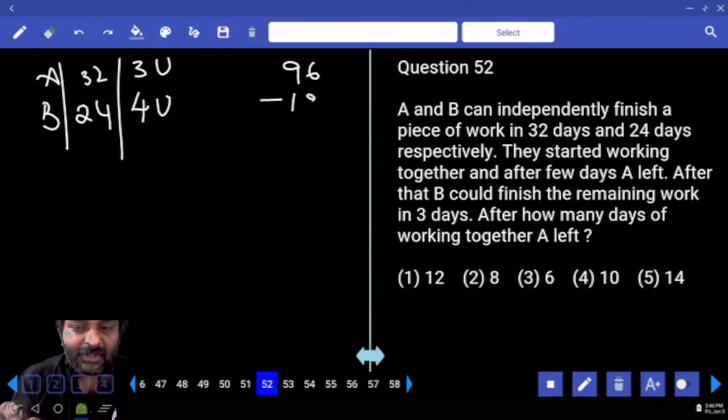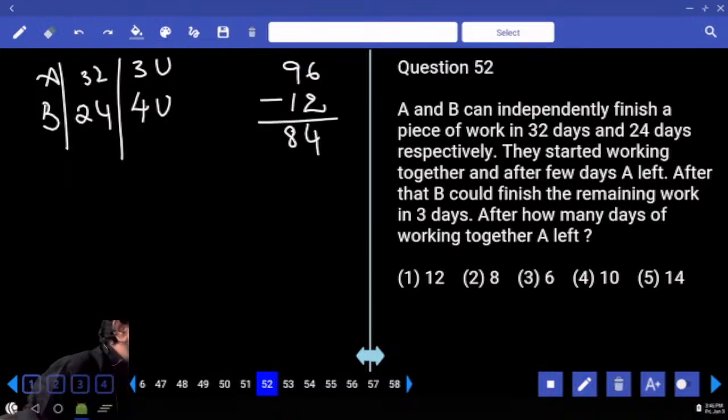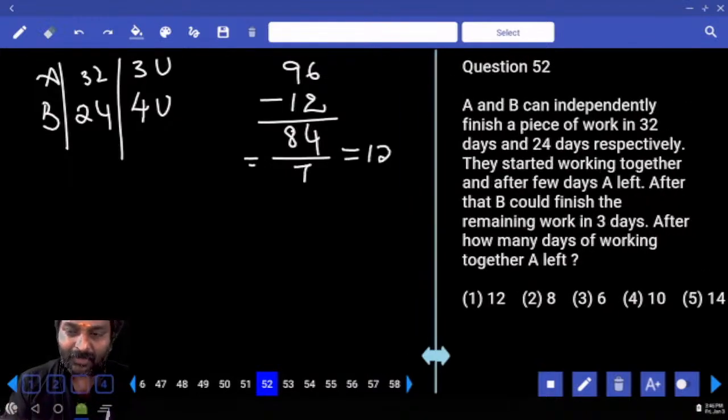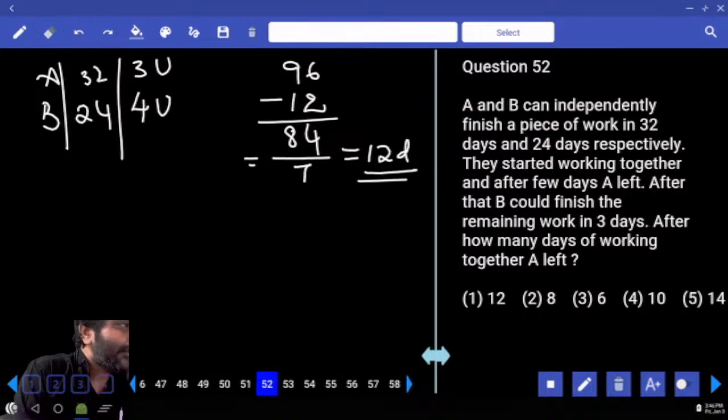If those 12 units are subtracted from 96, we have 84 units. That means A and B together completed 84 units only. Together they will do 7 units per day, correct? So together completed 84 units in how many days? Divided by 7, 12 days. Who worked?